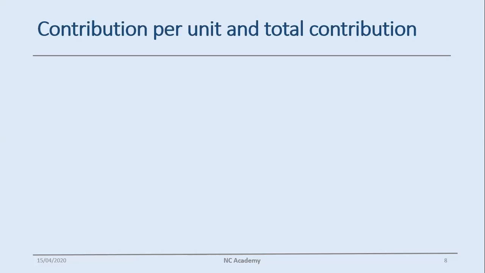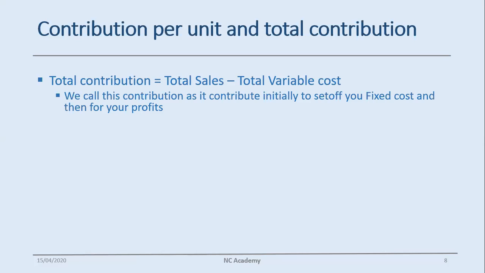It's very important to understand that contribution is the difference between sales value and variable cost. So this is not profit. Why is it not profit? Because we haven't deducted all our costs. We only deducted variable cost from total sales.